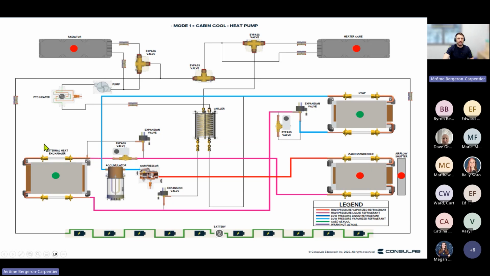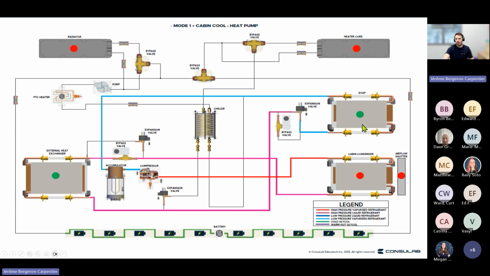We're going to go to our external heat exchanger. In that case, that's going to be our condenser, condensing our vapor into hot liquid. We're going to go up here to that expansion valve, so we have a restriction creating our pressure differential. Now we have a low side, partial liquid and vapor.